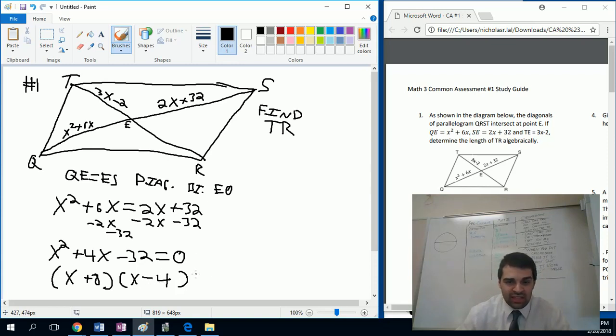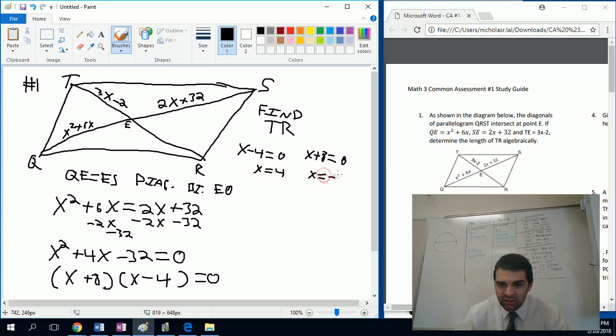Now, this is equal to 0, so we need to find the value of x. We have x minus 4 equals 0, and x plus 8 is equal to 0. To solve for x, we get x by itself, so add 4 to each side. We have x is equal to 4, and x is equal to negative 8.